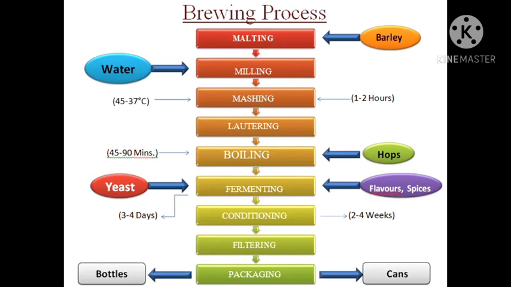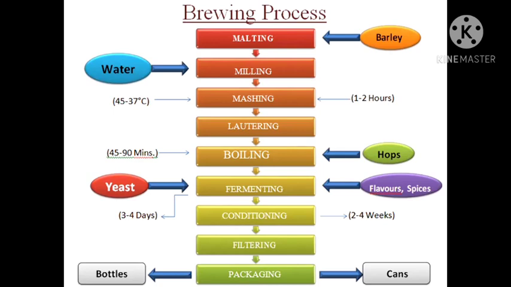You can recognize the steps one by one, and we will go into detail in another slide. Malting first, and then milling, mashing, lautering, boiling, fermenting, conditioning, filtering, and packaging.